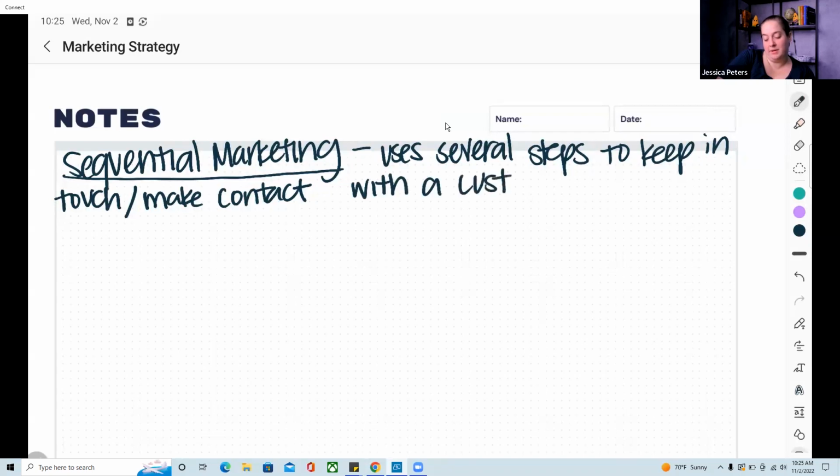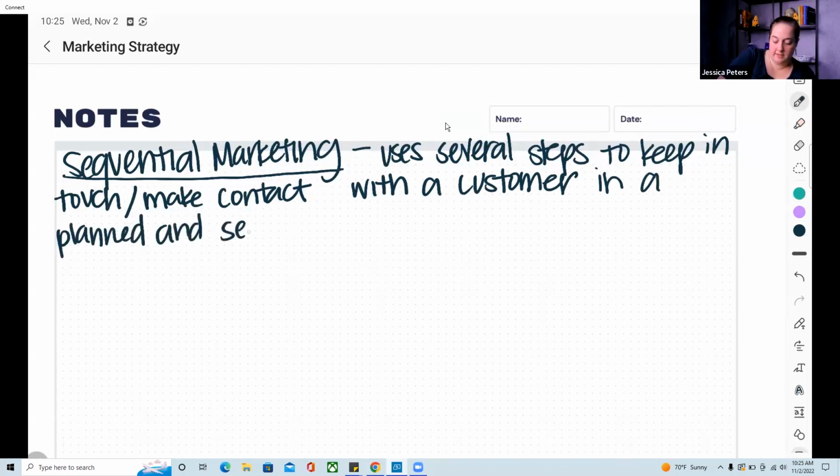So for us, that would be property owners, with a customer in a planned and sequenced manner over a measured period of time.